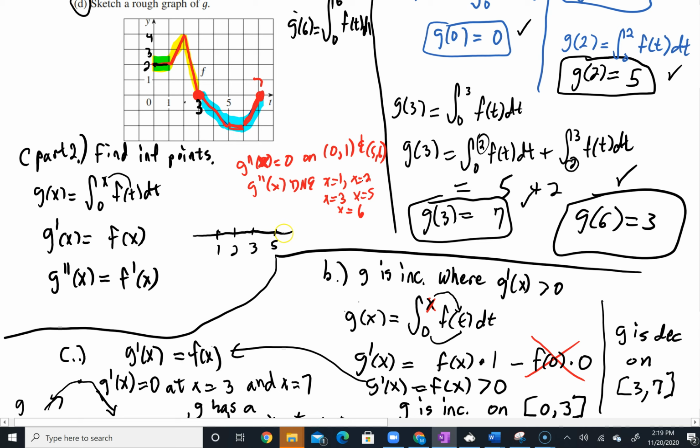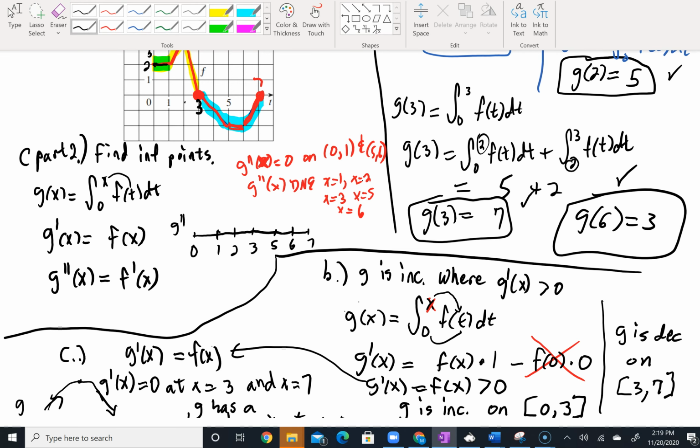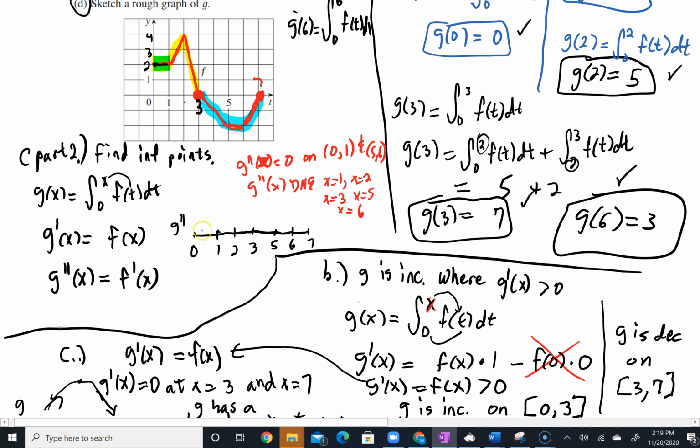Over here's a 5, here's a 6, and then over here's 7, and here's 0. So G double prime, now watch this. It's 0 here, and I'll just put 0s there instead of a plus or a minus. Those are zeros, right? Same thing right here if you want to.